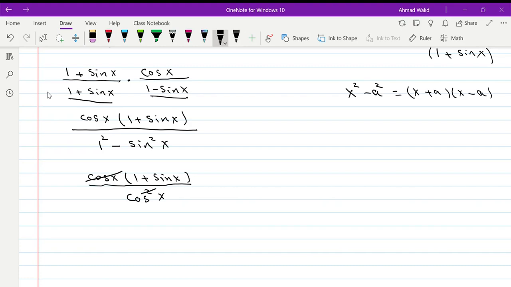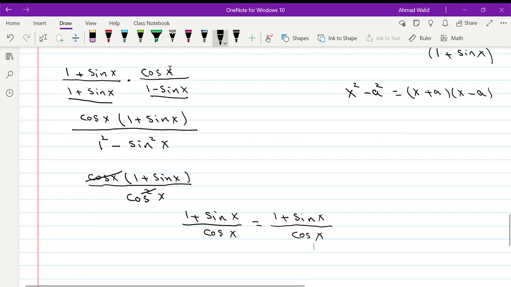You end up with 1 plus sine x over cosine x. What do you have on the right side? It was given as 1 plus sine x over cosine x. It means the given equation was an identity. I'll stop the lecture here. See you all in section 5.3.